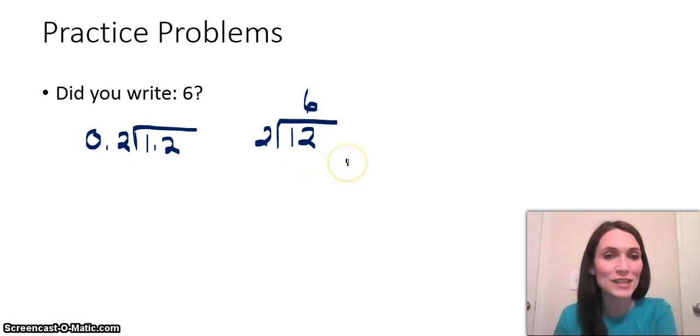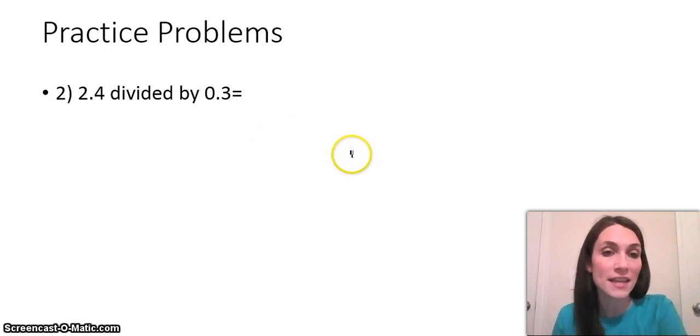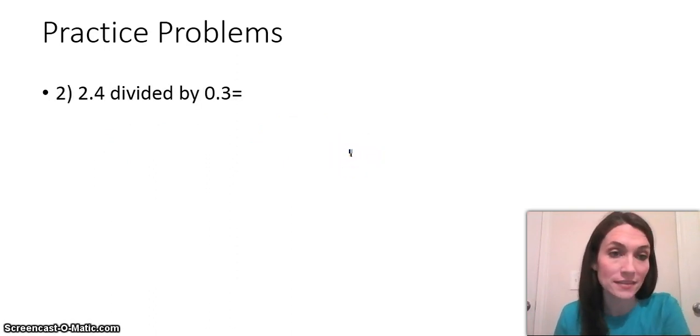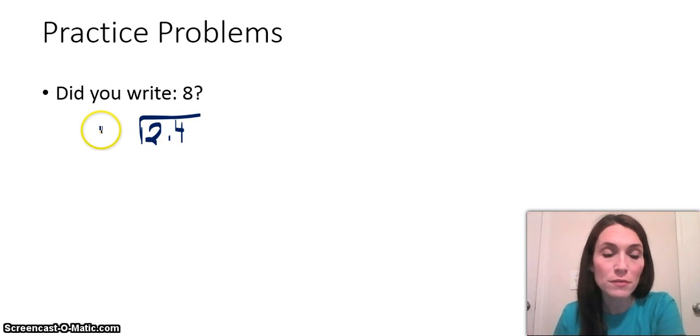Okay, let's take a look at our next practice problem. We have 2 and 4/10 divided by 3/10. Okay, please press pause, working on your own, and then let's check it together. Did you write 8? Let's take a look at our original problem. We had 2 and 4/10, and we were dividing that by 3/10.